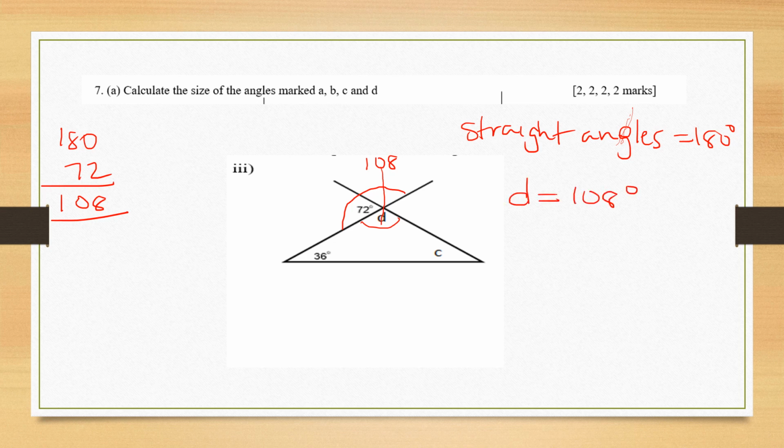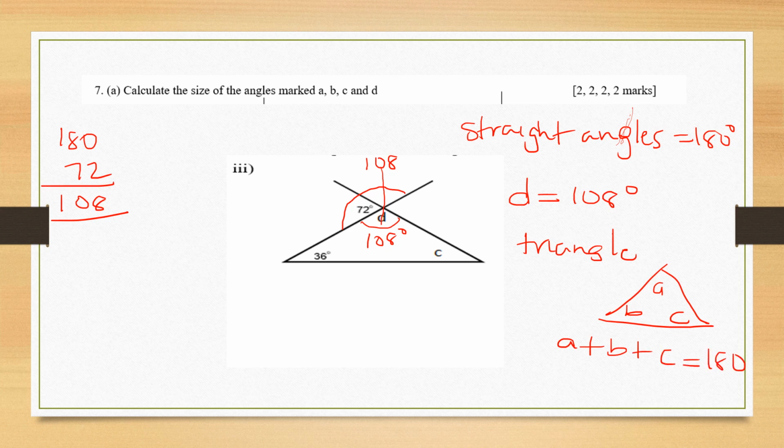So if D is 108, the next rule is a triangle, A plus B plus C is 180. So C equals 180 take away 108 and the 36.